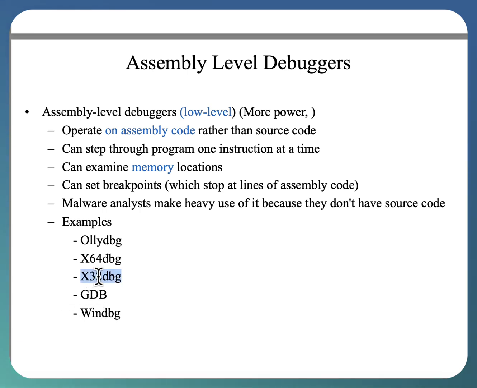Personally, I believe that x32dbg and OllyDbg are the best ones because they are more user-friendly. GDB is probably the most powerful one, but it's used in the command line, so as you can imagine, it is not the most friendly one.